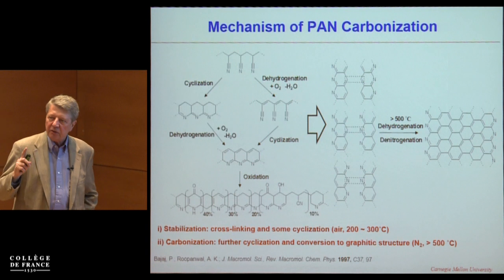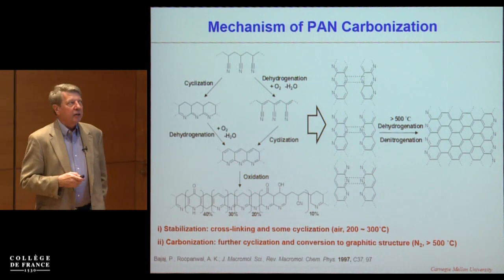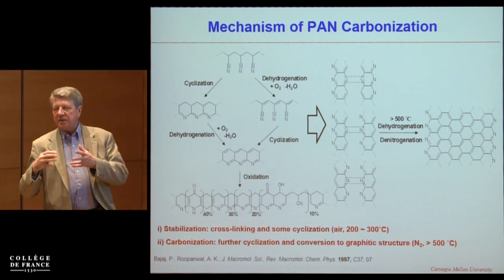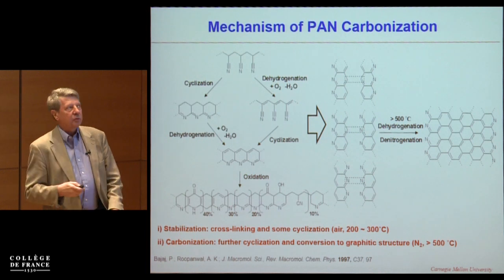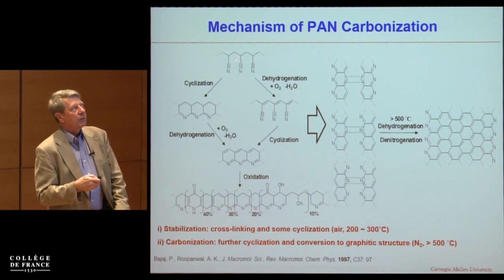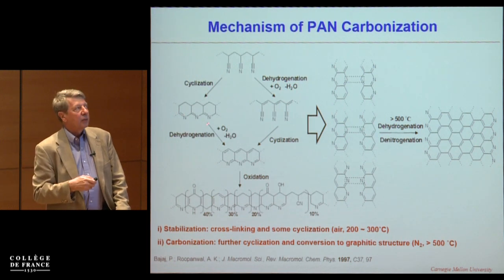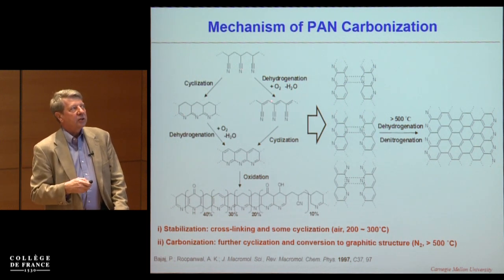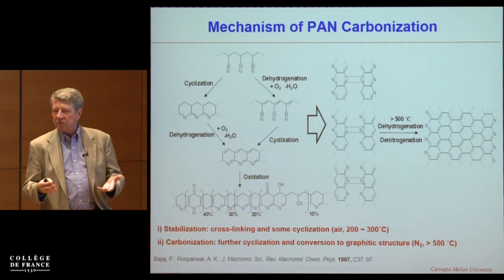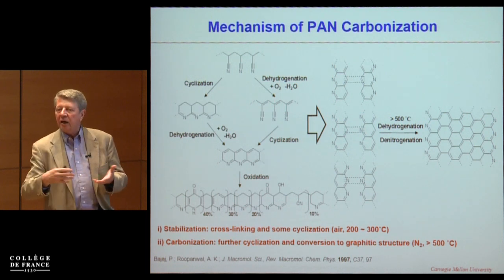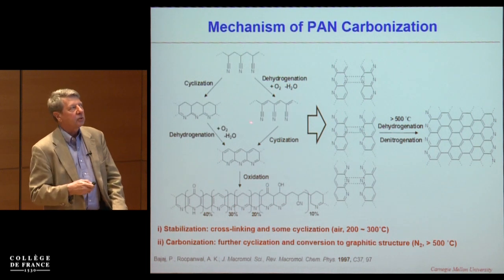A special thing about polyacrylonitrile, in fact, is that it can be stabilized or graphitized, if you wish, by two different processes. One would be cyclization, so the formation of a ladder-like structure. And the other one is dehydrogenation, so it would form a conjugated structure. In fact, you start seeing color develop, and this color is partially due to this conjugated structure.